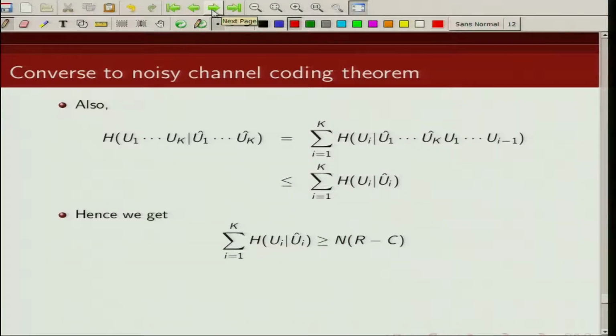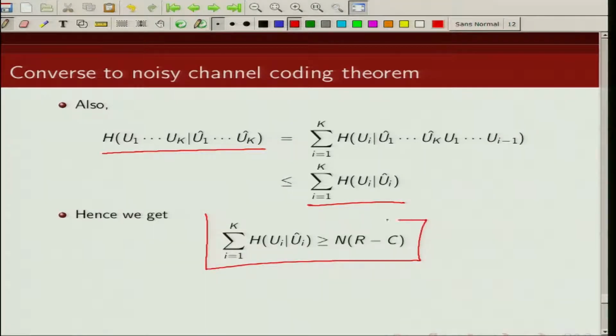We have shown that this particular term is greater than or equal to n times (R minus C). Combining these two results, we get that the sum over all i from 1 to k of H of ui given ui hat is greater than or equal to n times (R minus C).